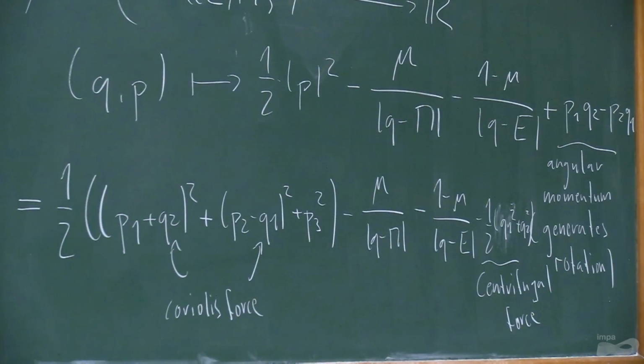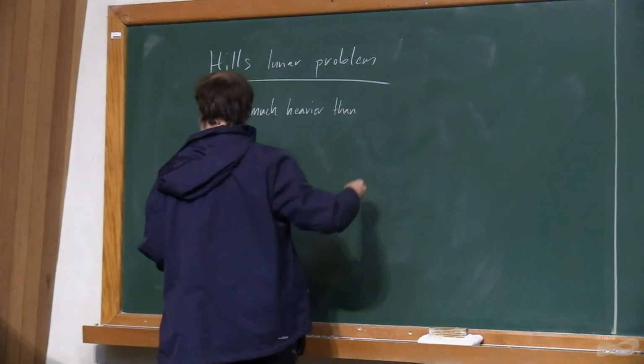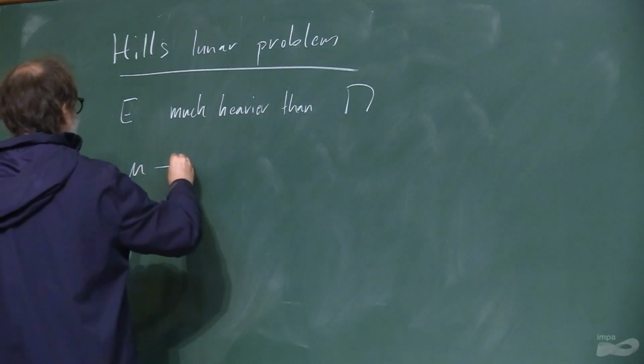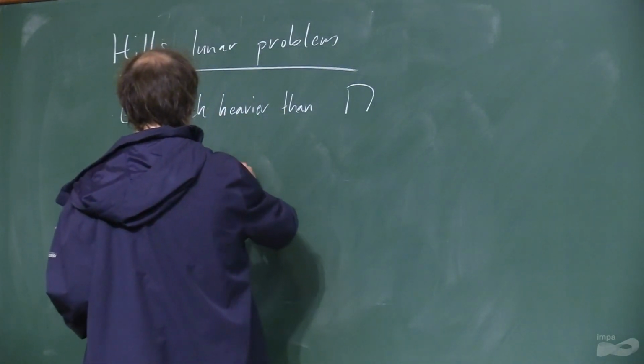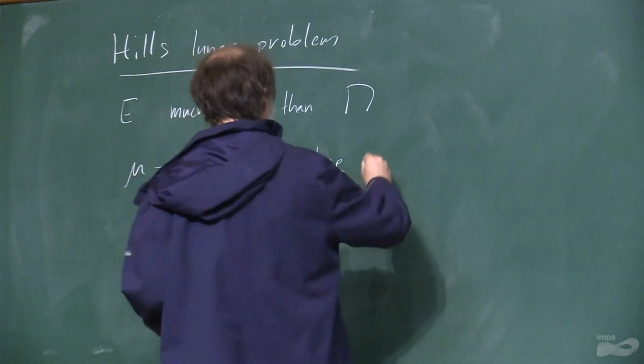So we have here that the Earth is much heavier than the Moon. So we let mu go to 0, and we assume that S, the stone, is close to the Moon.